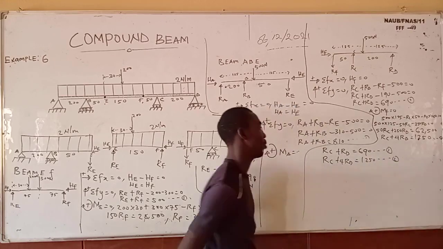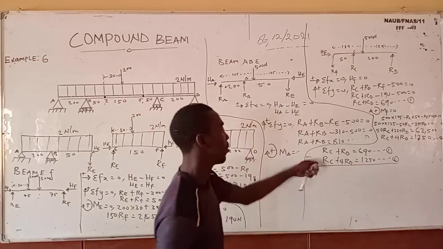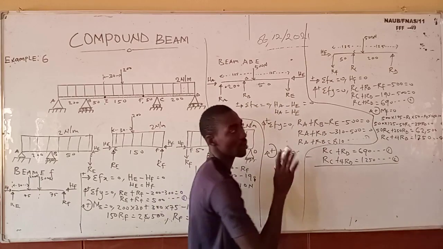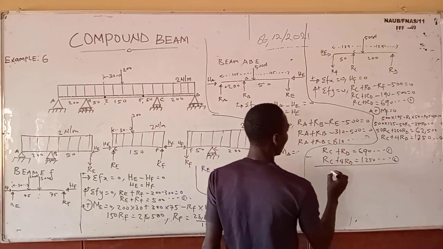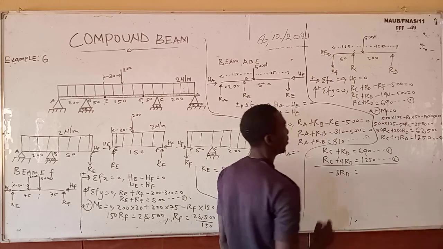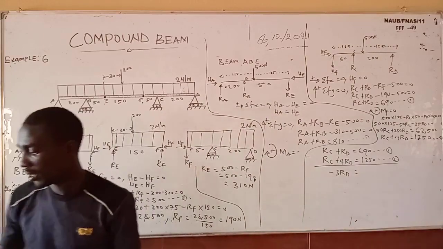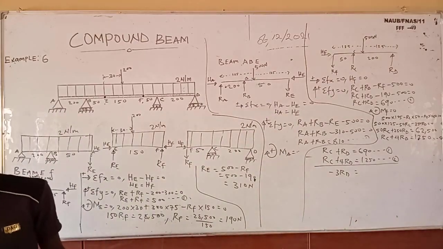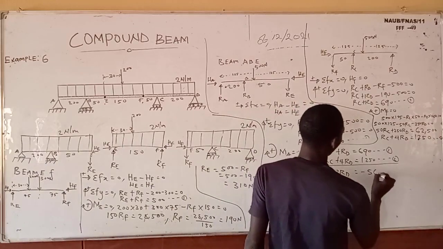So let's use the elimination method. We subtract equation 1 from 2. ROC minus ROC will cancel out. ROD minus 4 ROD, that is minus 3 ROD, equals 690 minus 1250, that is minus 560.